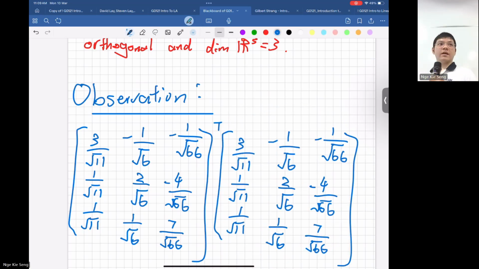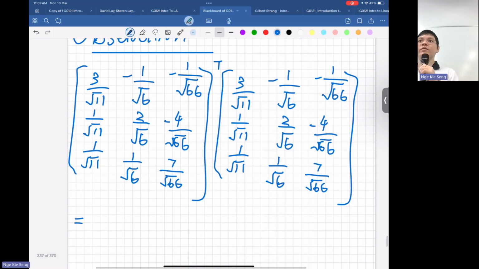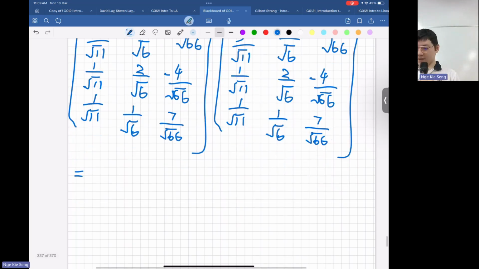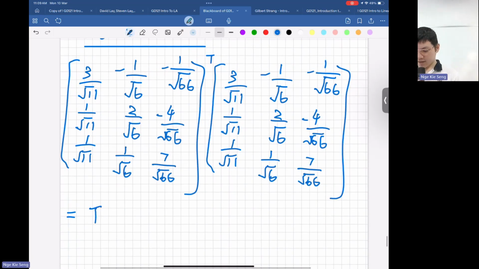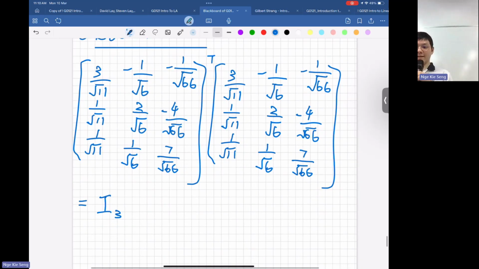Then what do we get here? The magic here is that this is an identity matrix. Do you believe it or not? Identity matrix.